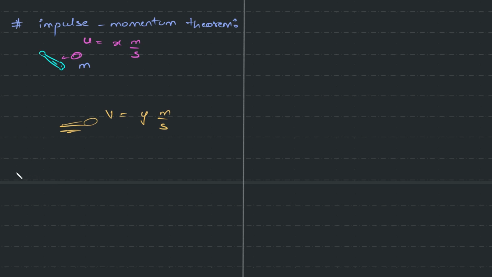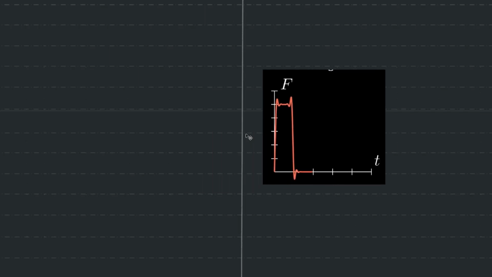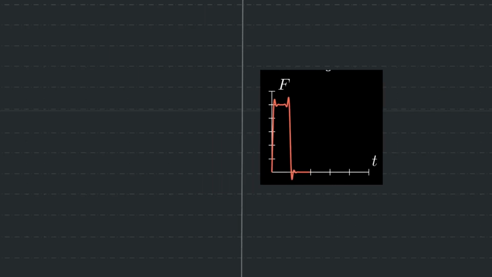Now let's start with this derivation. So this you can ignore, guys, actually.